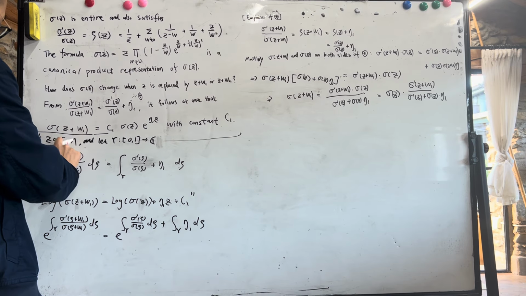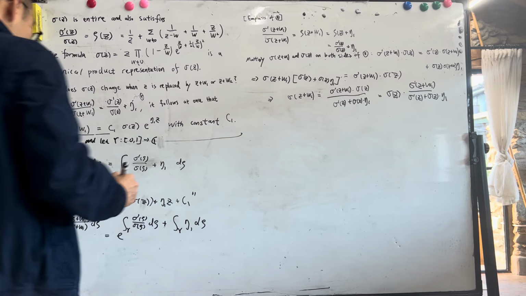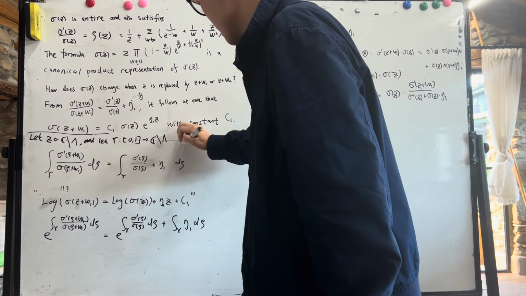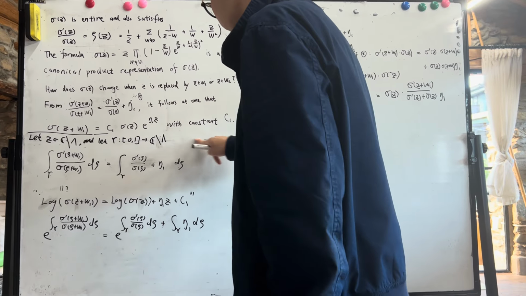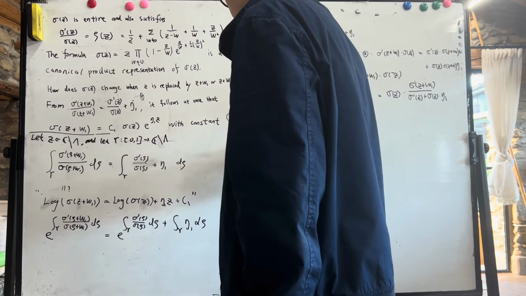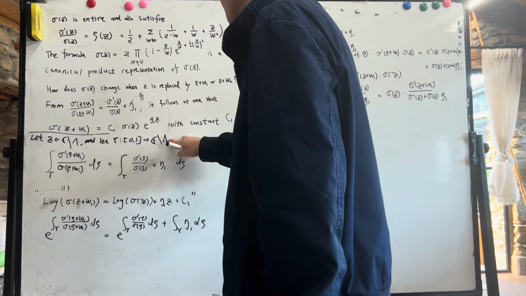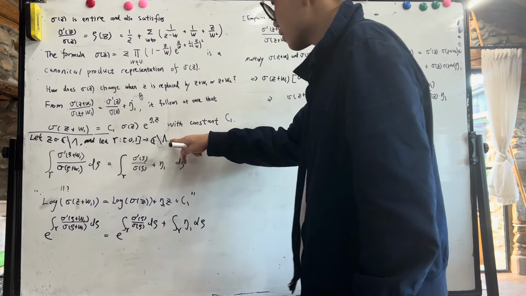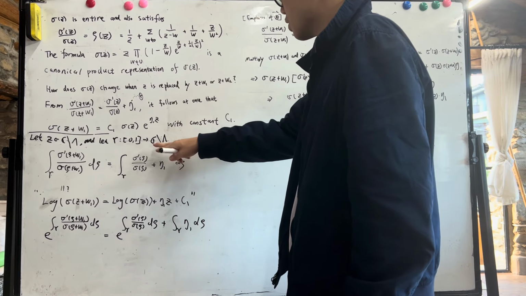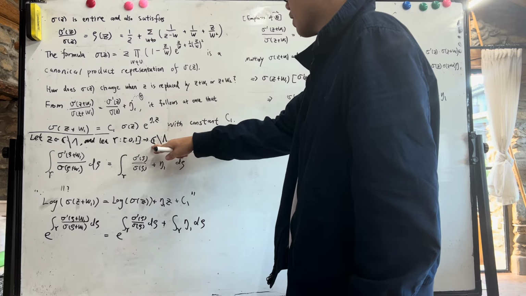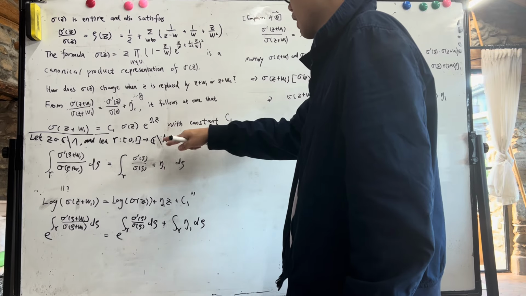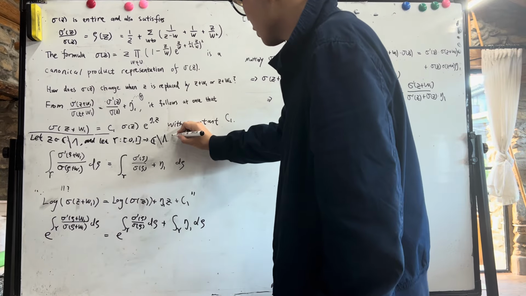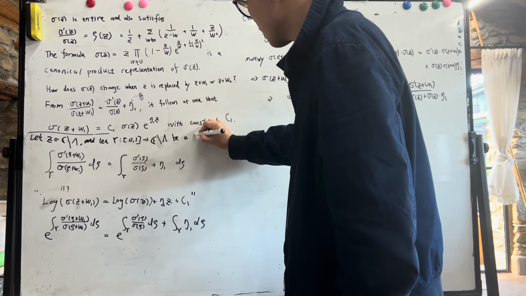Let me be consistent with the notation that I used before. So avoiding the lattice points, including 0. This wedge is the lattice points union 0, so this takes away the lattice points and the origin. So let gamma be a C1 path.